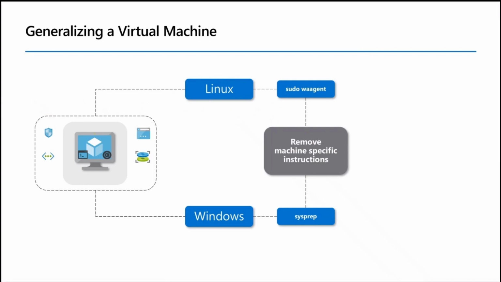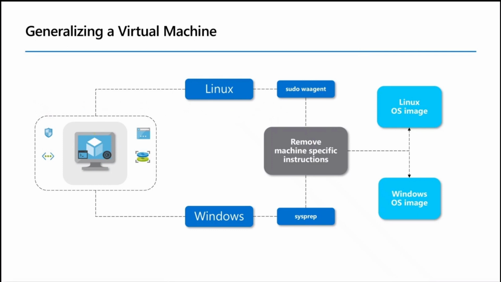But in this case, we have your application, your intellectual property, deployed. Once we remove the profile information from the VM, we leave the intellectual property there. Then we can create the Linux OS image or the Windows OS image that will then be pushed into the marketplace, submitted to the marketplace for the customer to purchase, right?